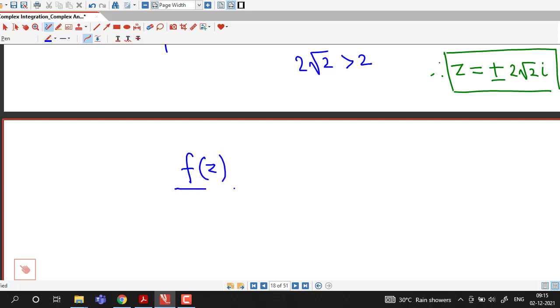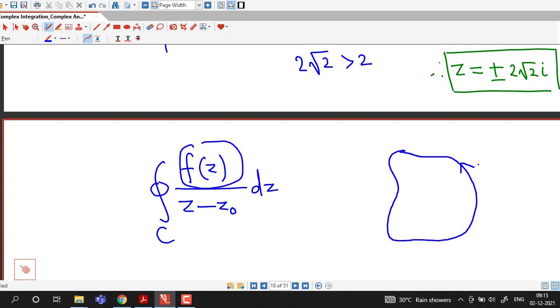If we have an integral of f of z over (z minus z0) dz, where f of z is analytic everywhere inside and on this simple closed contour C, and z0 is interior to this simple closed contour C, then the value of this integral is 2 pi i times the value of the function f of z at the point z0.